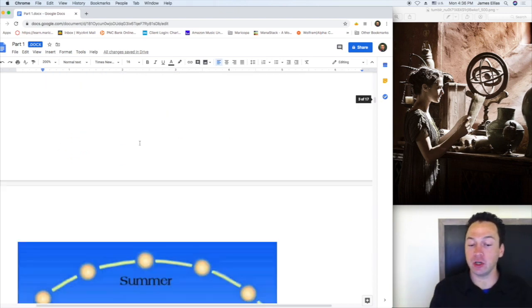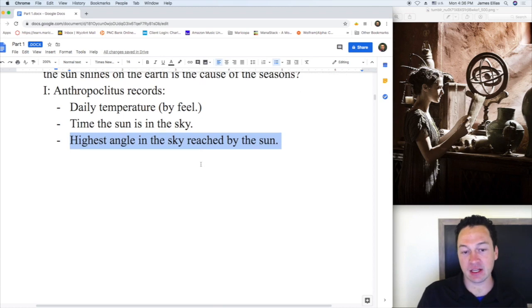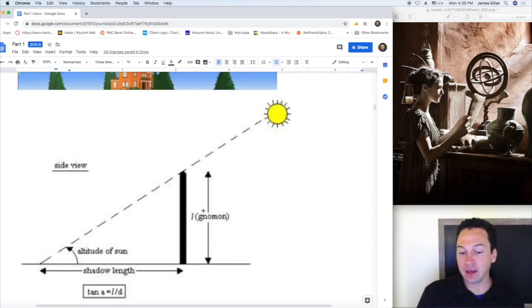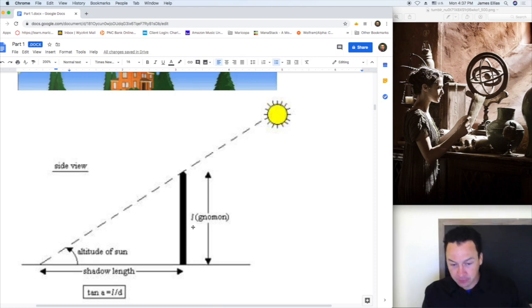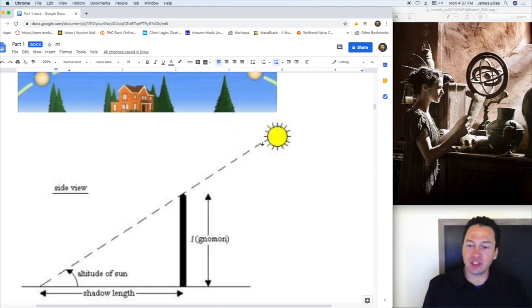What he's also going to do is record the highest angle in the sky reached by the sun. Here's how he can measure and record that. You don't need to worry about the tangent part. The sun is shining down on his stick, which the Greeks called a gnomon. As far as I know, it just means stick, but a stick meant to measure the sun.